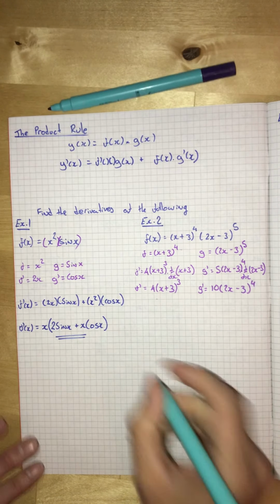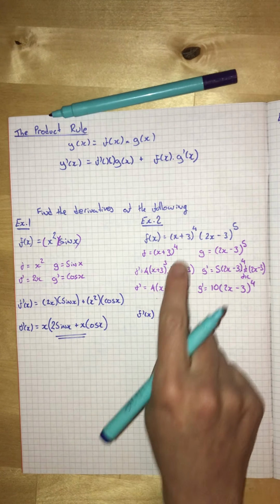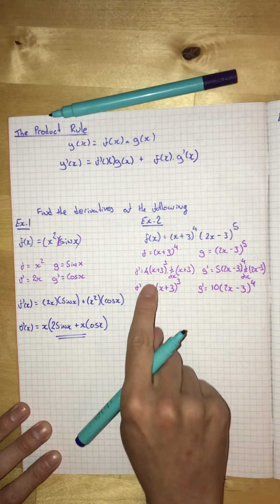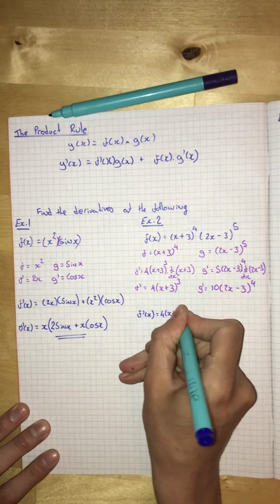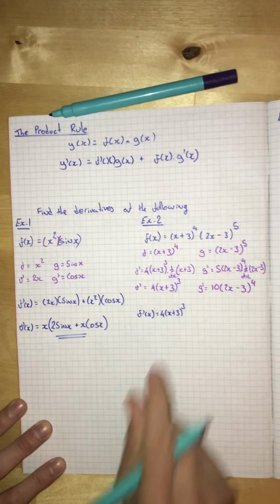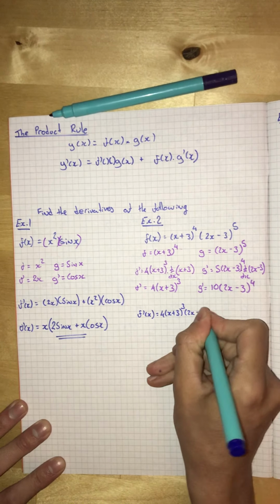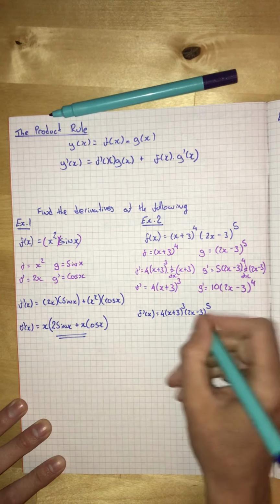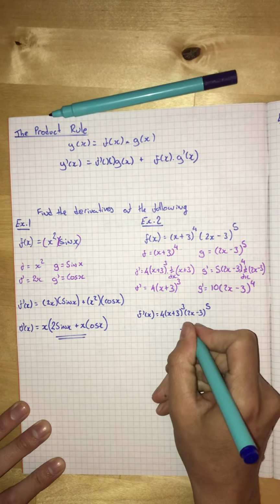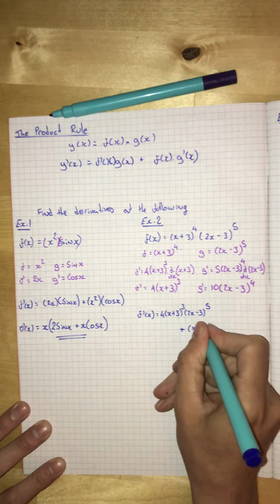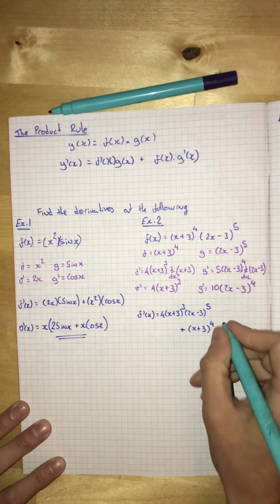Now for the final answer. So it's the derivative of the first one times the second one left alone. Adding, leave the first one, times by the derivative of the second one.